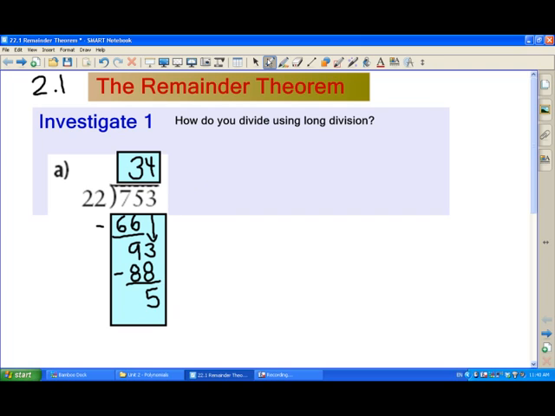And each of these pieces of this question have a different name. The number 753 is called the dividend. The number 34, the answer, is called the quotient.